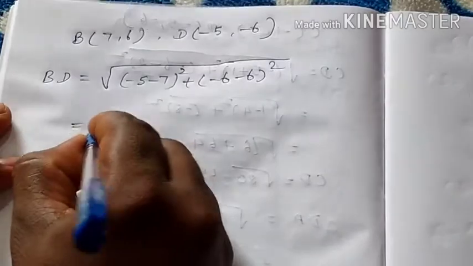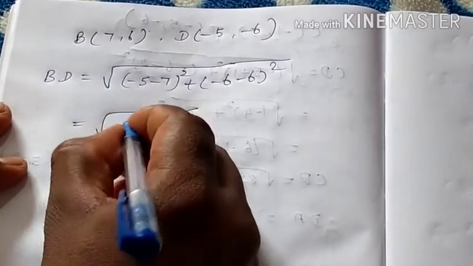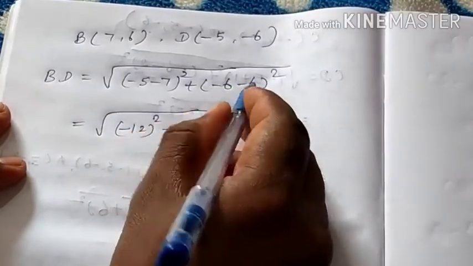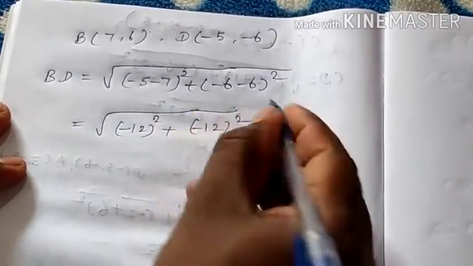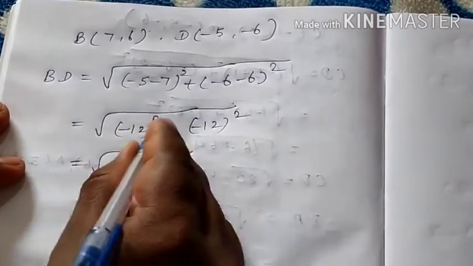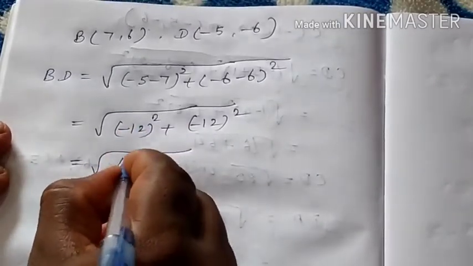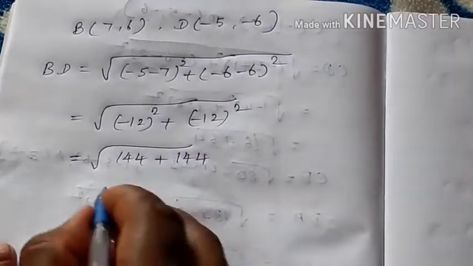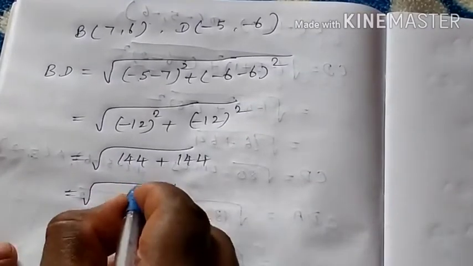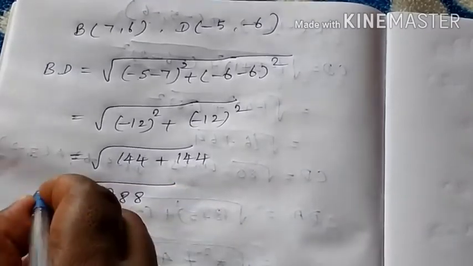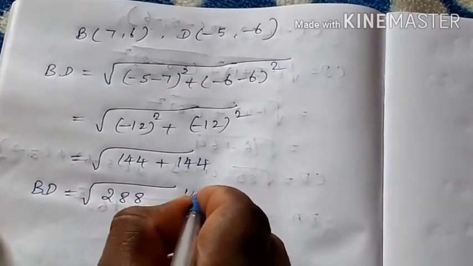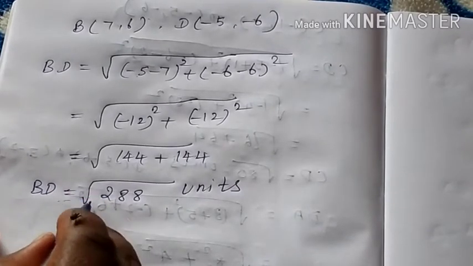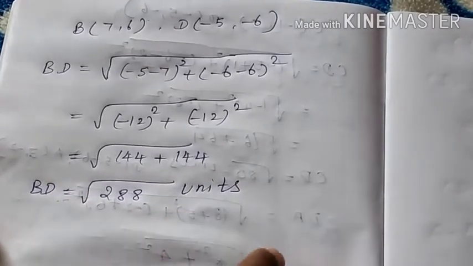Which is equal to the square root of (minus 5 minus 7, totally minus 12) the whole square plus (minus 6 minus 6, also minus 12) the whole square. Minus power even number is plus, 12 squared is 144. The same manner here, 144. Therefore, the sum of the two values is 288. This is for the length of BD. BD is equal to square root of 288 units.